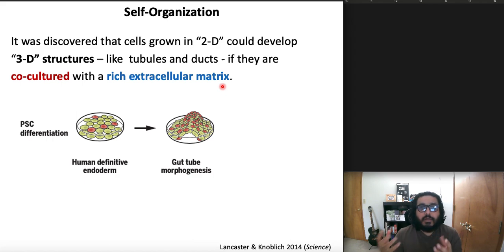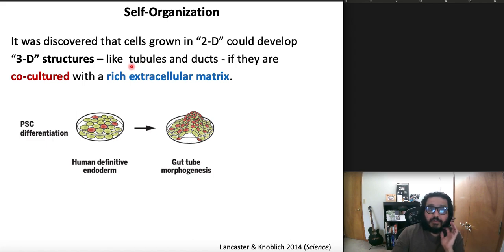So we know that these outside molecules, these outside proteins, even though they're outside of the cell, can interact with the cells. And if you add these extracellular matrix proteins into culture, they found that very small three-dimensional structures can start to appear.